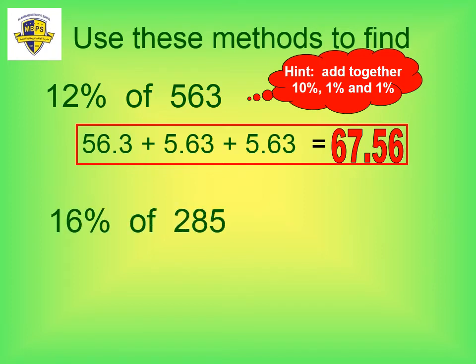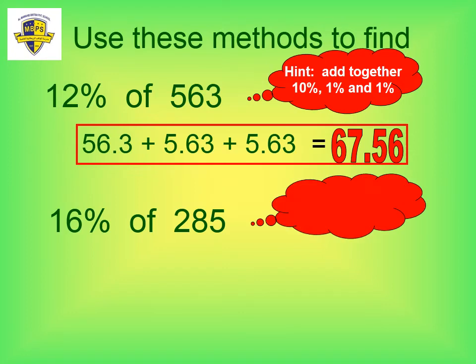Now another example. We want to find 16% of 285. 16%, okay, so 16 is 10 plus how many ones? 6 ones. So we will find 10% of 285, then 1%, and this 1% we multiply by 6, because here we have 6 ones.